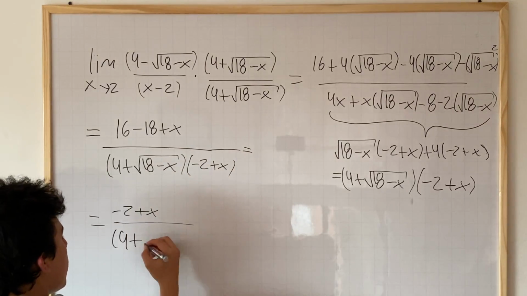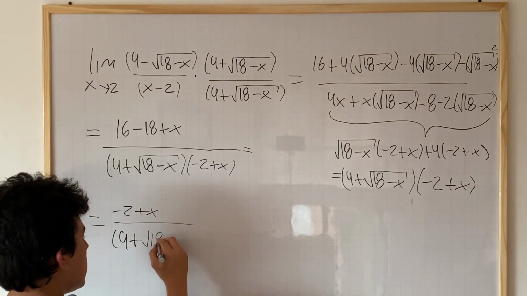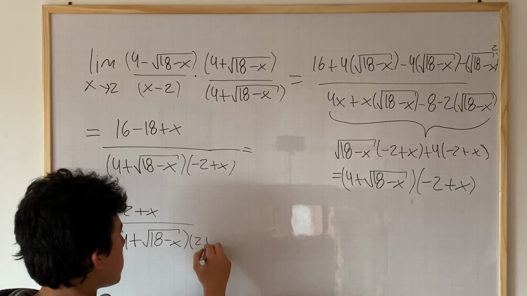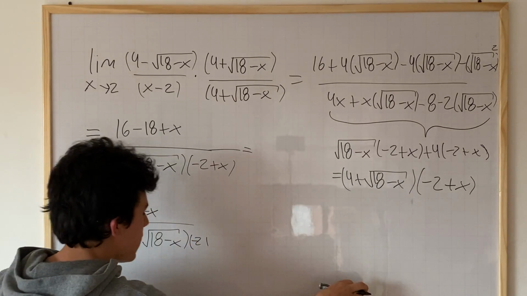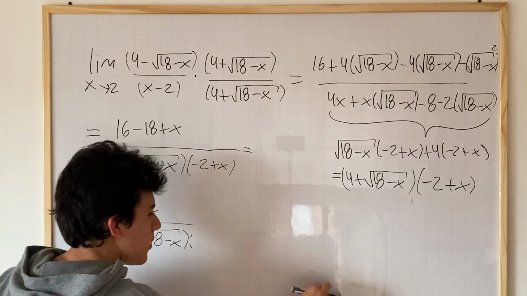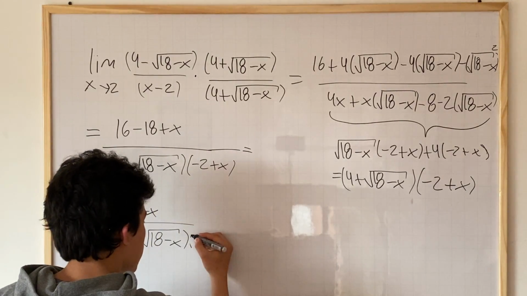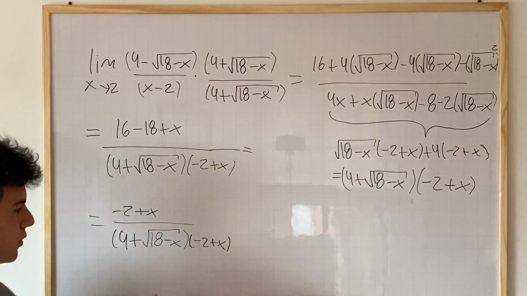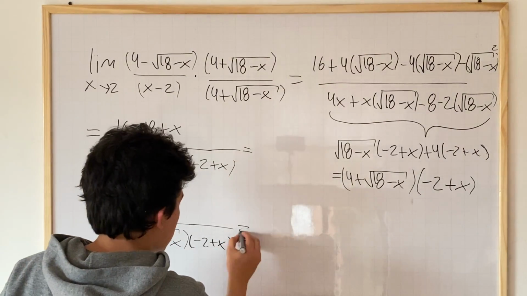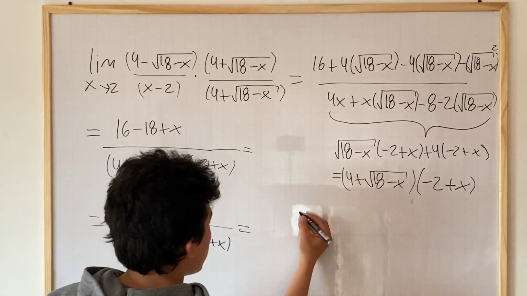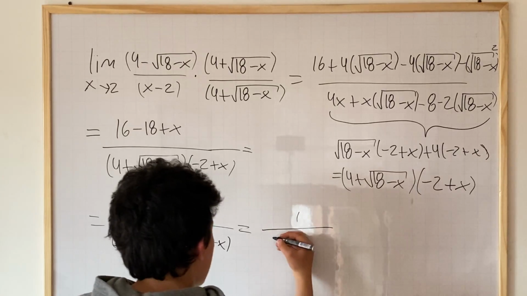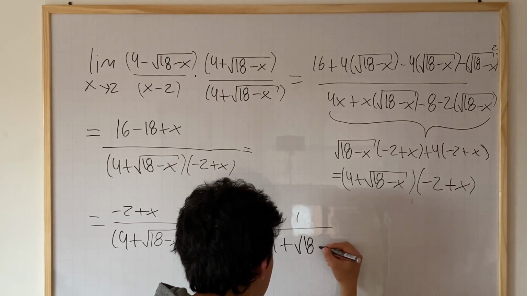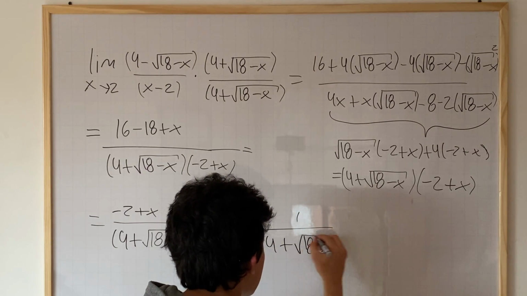We would get 4 plus the square root of 18 minus x, times minus 2 plus x. So they go out. And we get that this is equal to 1 over 4 plus the square root of 18 minus x.